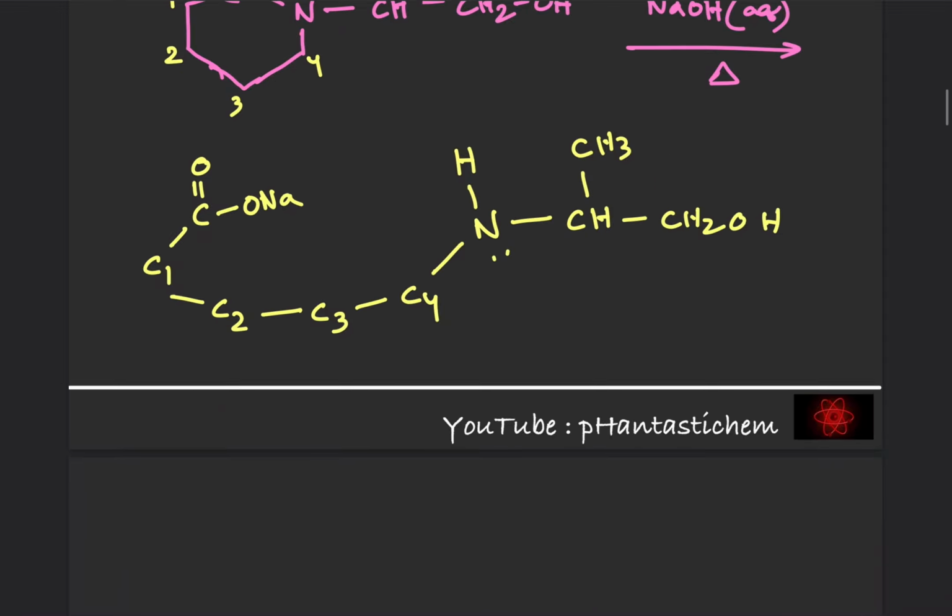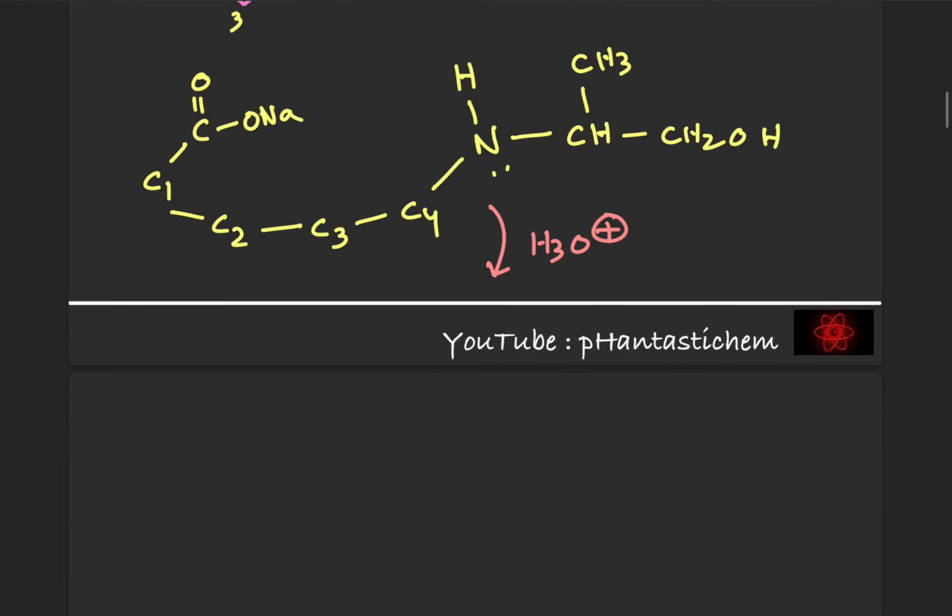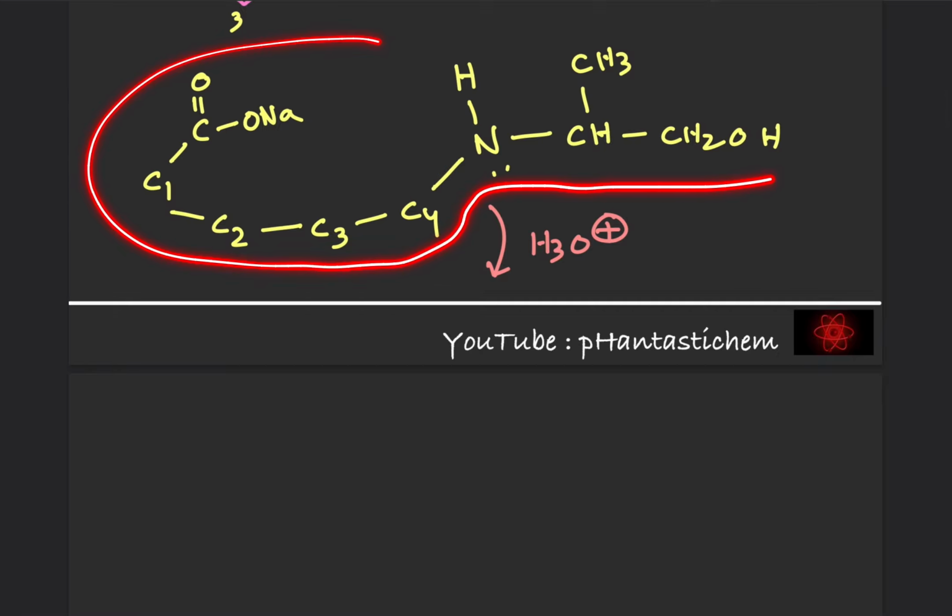Okay, and then the third reagent that we are using here is H3O plus. So we are doing acidic hydrolysis now, and acidic hydrolysis of a carboxylic acid salt instantaneously gives the corresponding carboxylic acid and a metal salt. So upon acidic hydrolysis, this guy will give us the corresponding carboxylic acid and a metal salt.